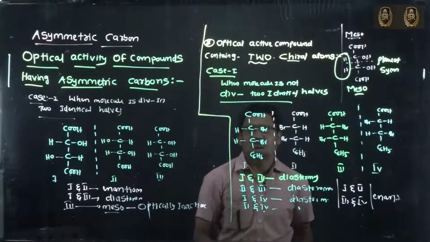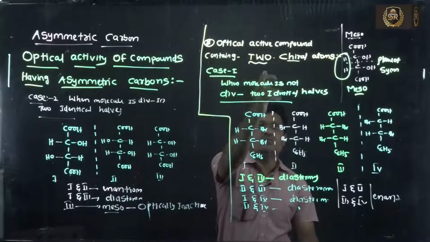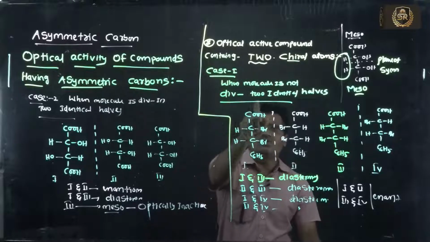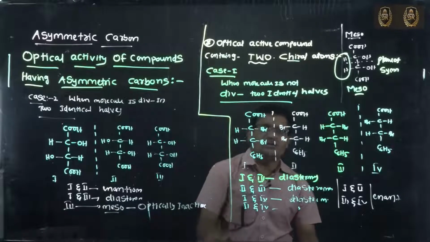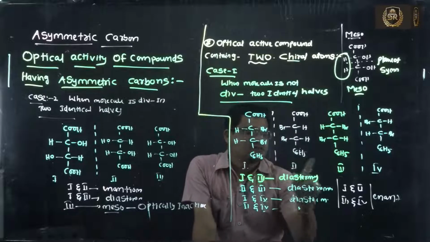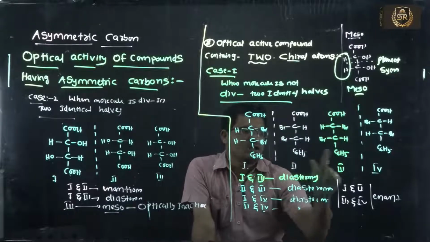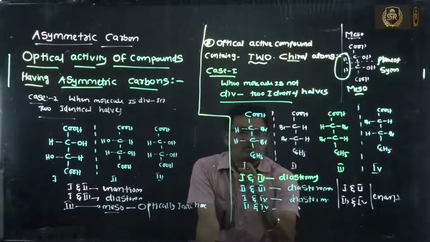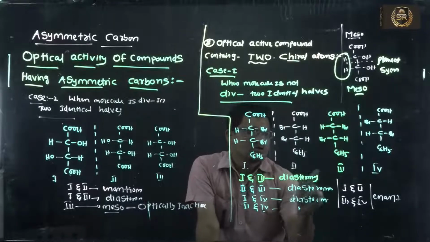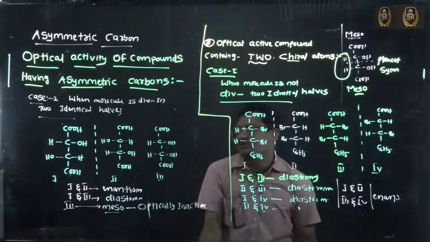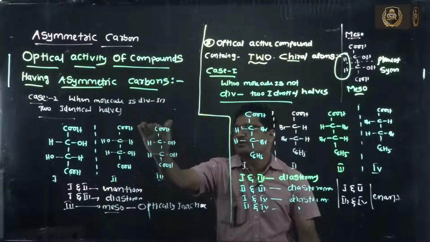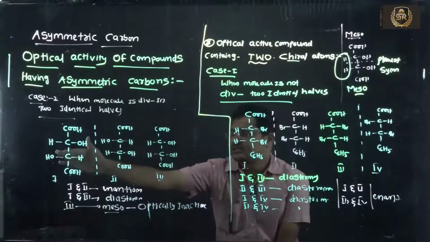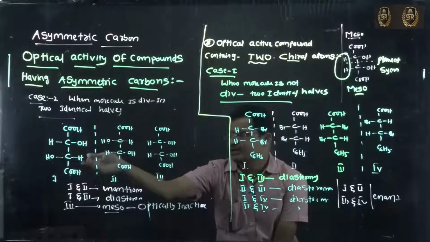Next to case 1, case 2: an optically active compound containing 2 chiral centers where the molecule can be divided into identical halves. 1 and 3 are diastereomers, 1 and 4 diastereomers, 2 and 3 diastereomers, but 1 and 2 enantiomers, 3 and 4 enantiomers. When the molecule is divisible into identical halves, it can be divided.